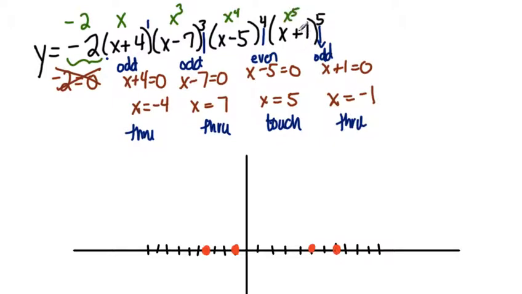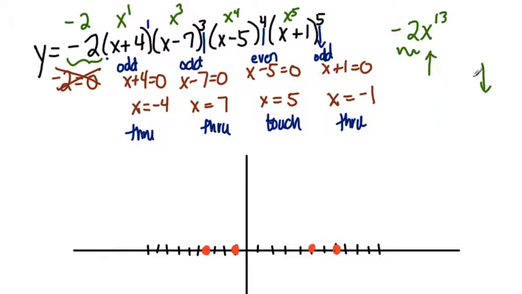And all of those would become -2x to the, 1 plus 3 is 4, plus 4 is 8, plus 5 is 13. Okay, so now this one is negative, so the right hand would go down, and this is odd, so the left hand goes the opposite way.